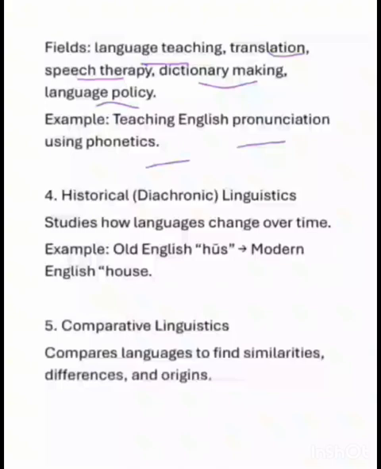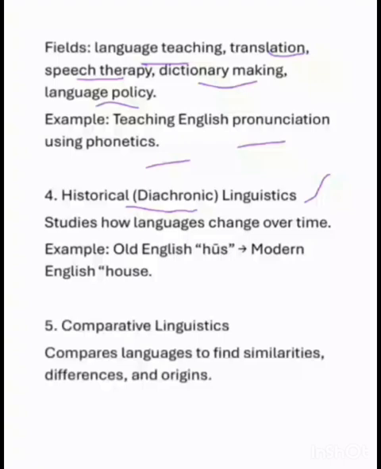Then we have historical linguistics. We also say historical linguistics is diachronic. Diachronic means the evolution of language, how it was in the starting and how it is now. The whole process it came through, we deal with that in historical or diachronic linguistics.